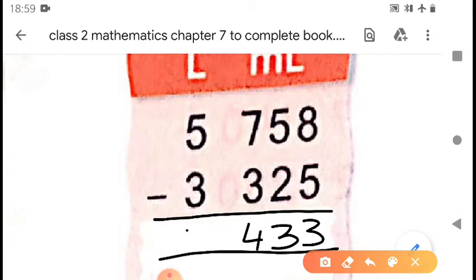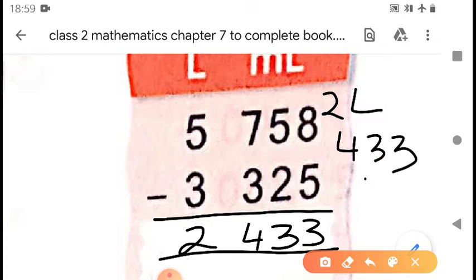And 5 minus 3 is 2. So 5 liter 758 milliliter minus 3 liter 325 milliliter is equal to 2 liter 433 milliliter.